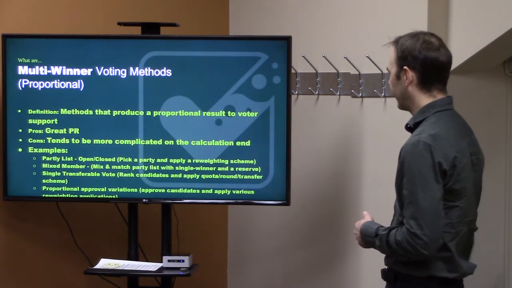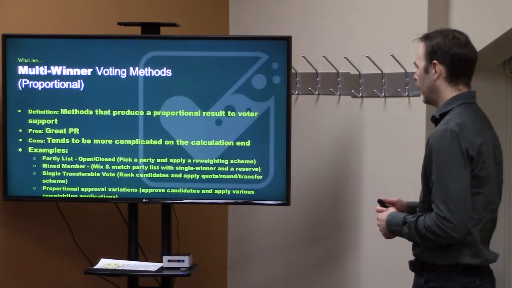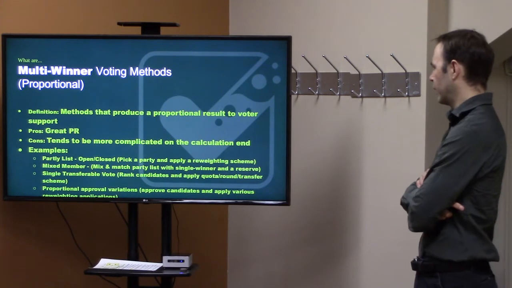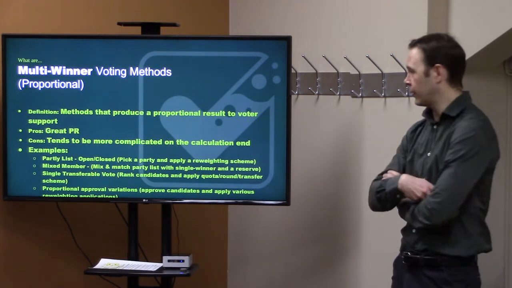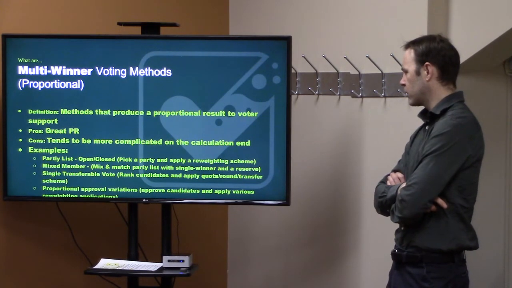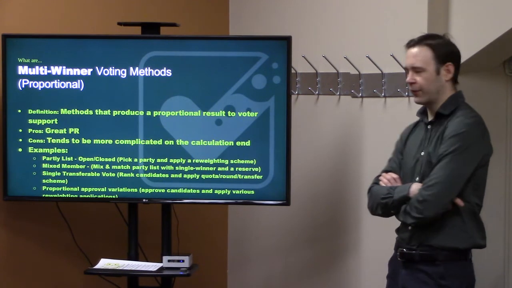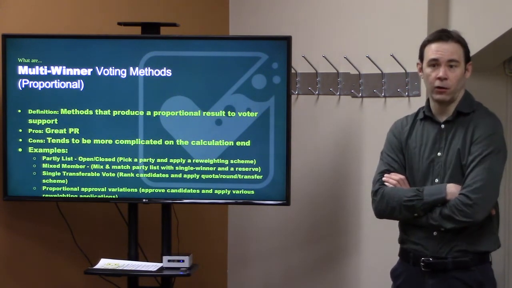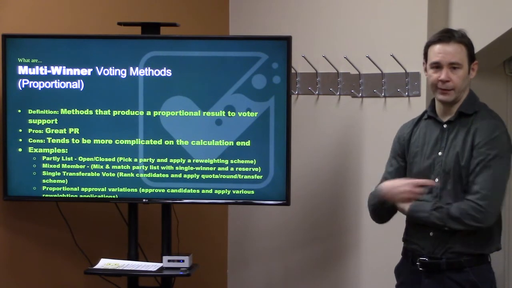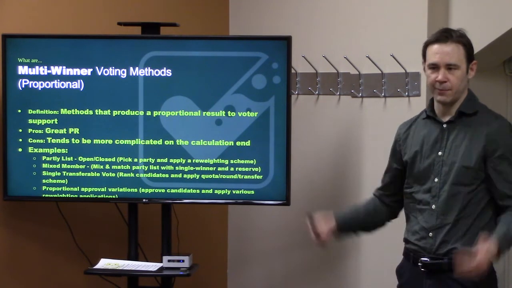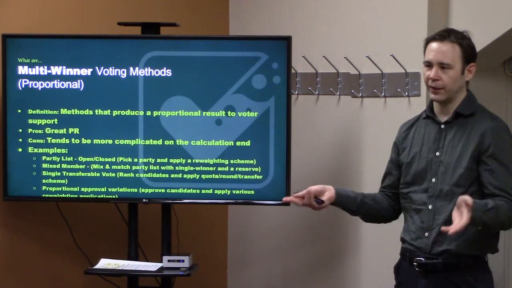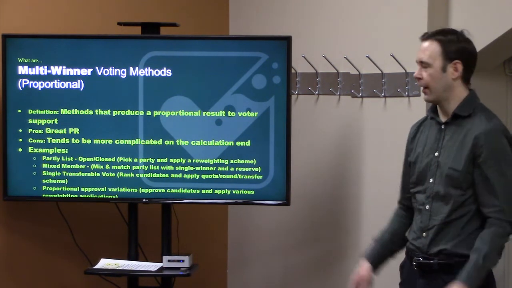There are a couple of ways to set this up with the proportional methods, or these other ones as well. You can say you have some kind of legislative body. You can elect the entire legislative body at large, like imagine the U.S. House, but it just represents the whole country and it's not divided into states.